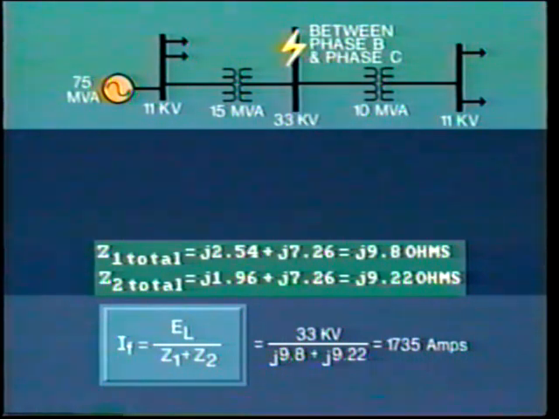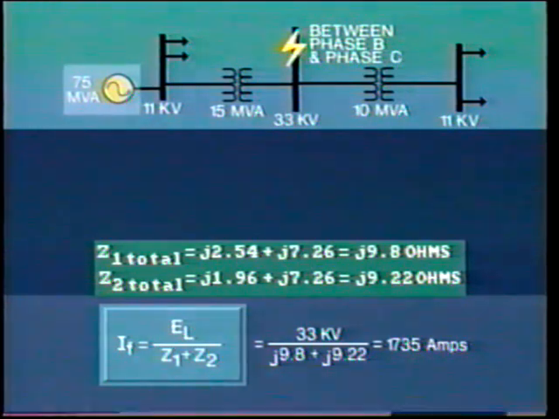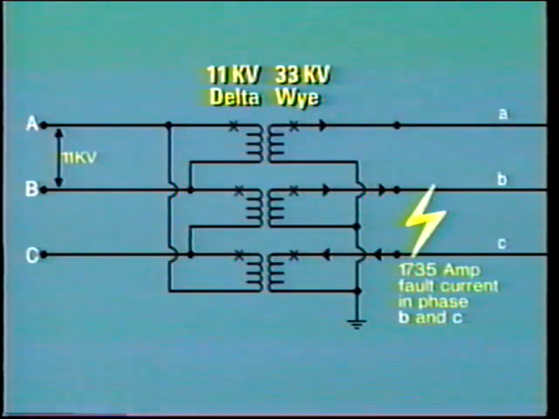But what is the effect of this fault current on the generator, which is supplying the 11 kV side of the transformer? Here we see the transformer Y connected at 33 kV and delta connected on the primary side at 11 kV. Load current is considered zero, so there is no current in A-phase transformer secondary.